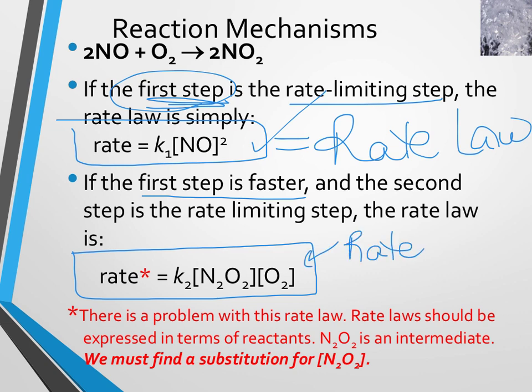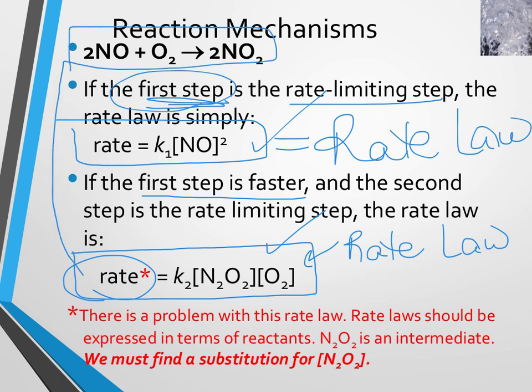I'll tell you right now, we can't. But see if you can look at this rate law expression and then look at the overall reaction and figure out what would be wrong with using this as the rate law.